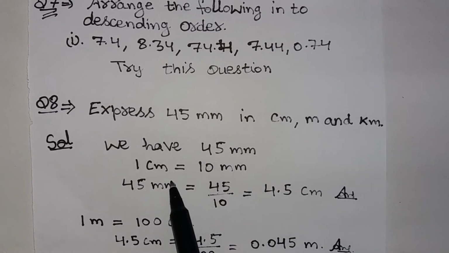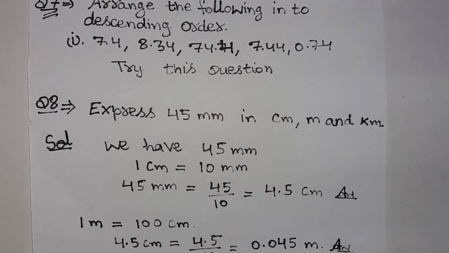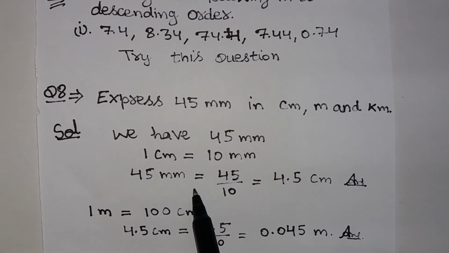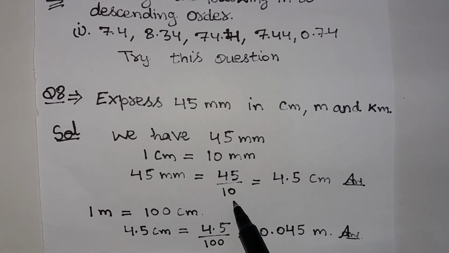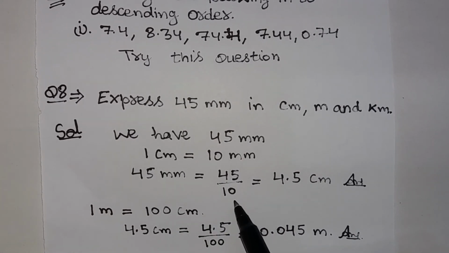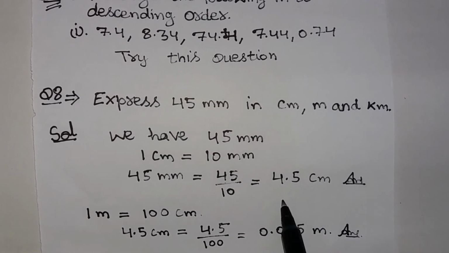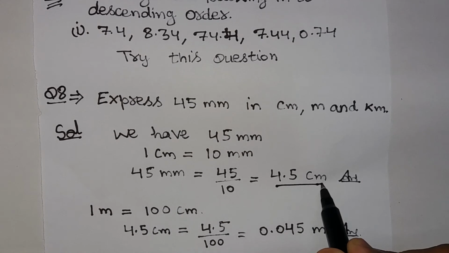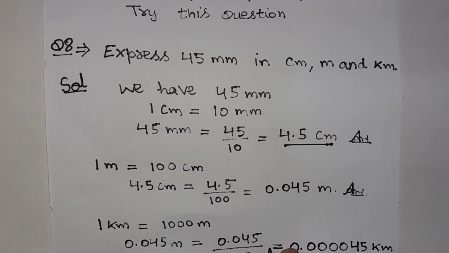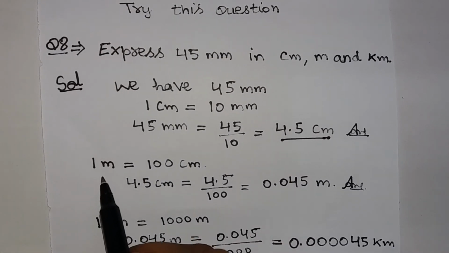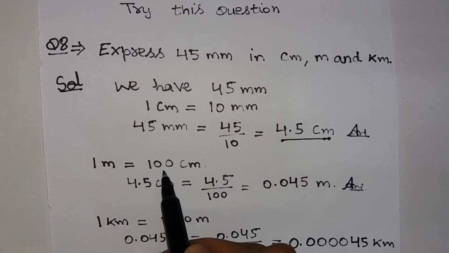As we know, 1 centimeter equals 10 millimeter. So 45 millimeter will be 45 upon 10, which is 4.5 centimeter. Now we have to convert this centimeter into meter. As we know, 1 meter equals 100 centimeter.